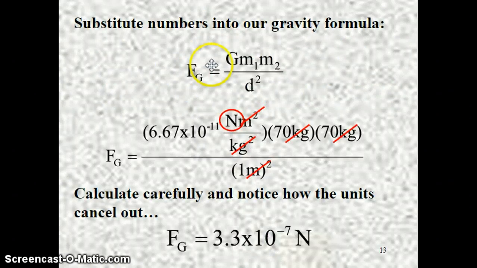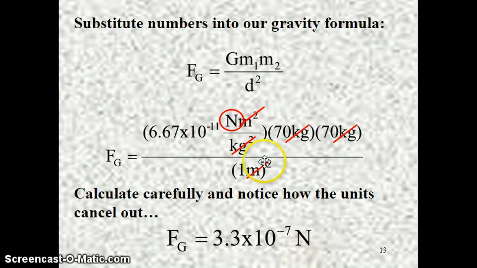If we use this law of gravitation here and plug everything in, both of our masses are 70 kilograms, the distance between is 1 meter, and lastly, here's that universal gravitation constant. If you look at all the units, you get kilograms squared from m1 times m2, but they cancel out. You have meters squared divided by meters squared, those cancel, and we're just left with newtons.